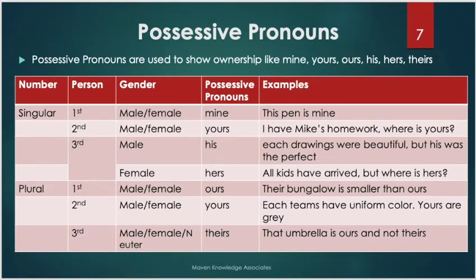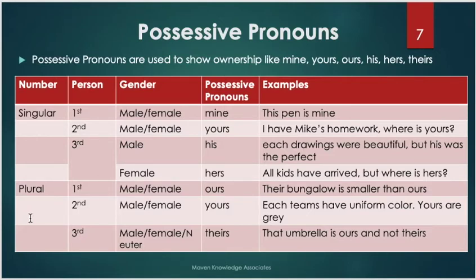In case of second person, yours. Each team has a uniform color. Yours are gray. So yours are gray means your uniform color is gray. So instead of saying this, we are saying yours are gray. In case of third person, we will use theirs.